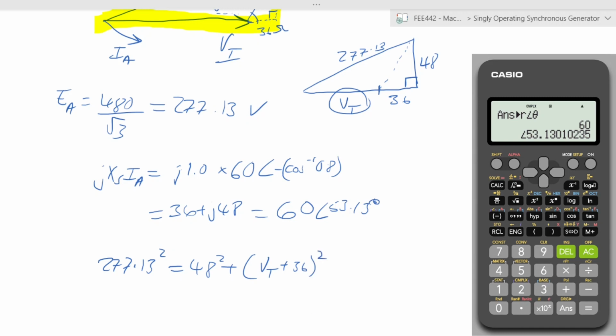Okay, so VT plus 36 squared is equal to 277.13 squared minus 48 squared gives us that 744.97.